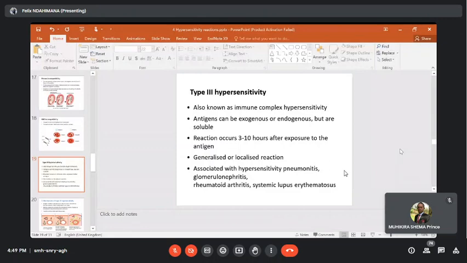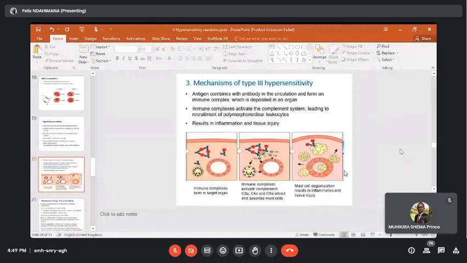We have an antigen and antibody in circulation that form an immune complex, which is deposited in an organ. The immune complex will activate the complement and lead to recruitment of polymorphonuclear leukocytes, which are neutrophils, and this will result in inflammation and tissue injury.